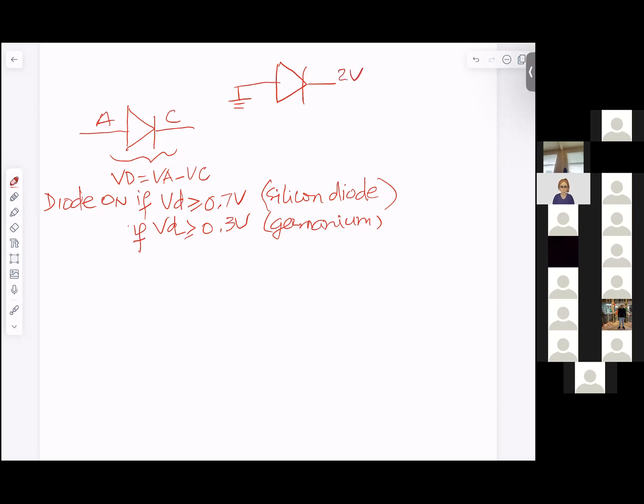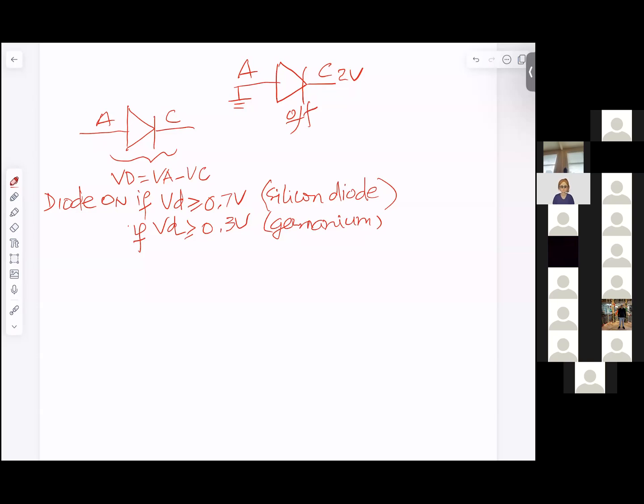Okay, is this diode on or off? Off. Correct.